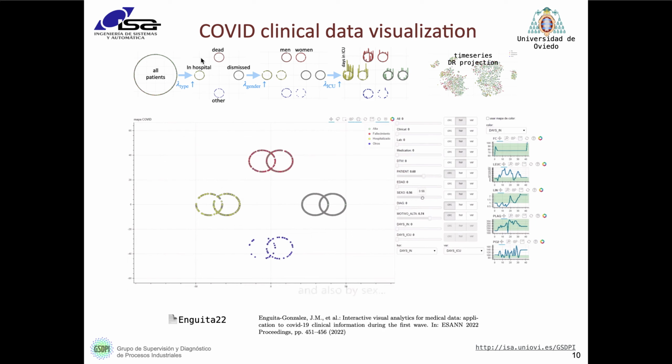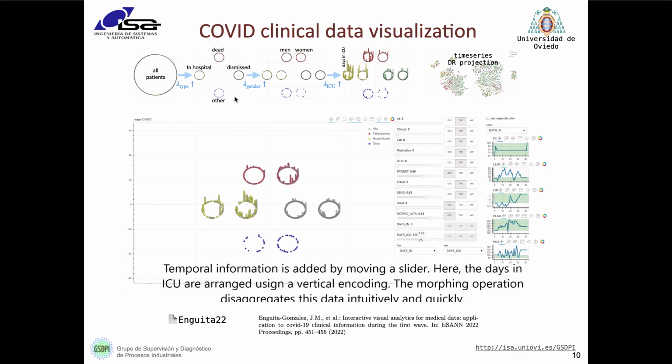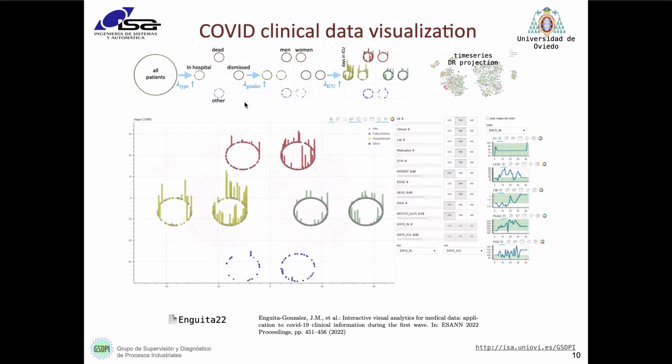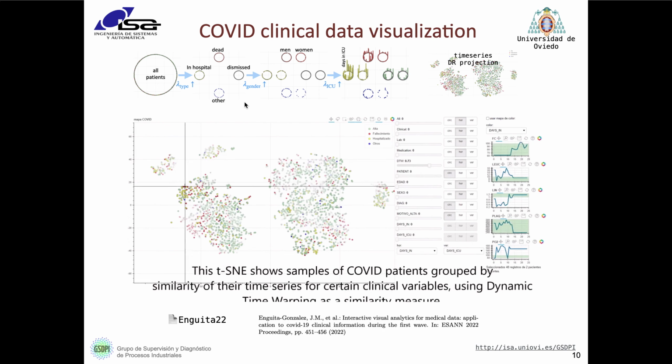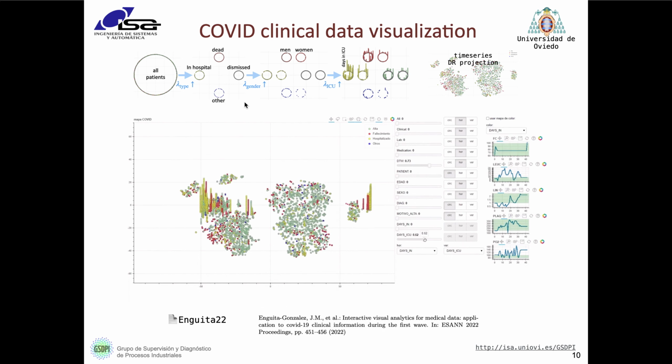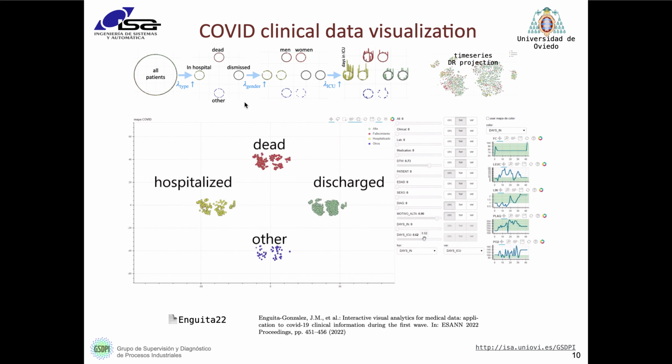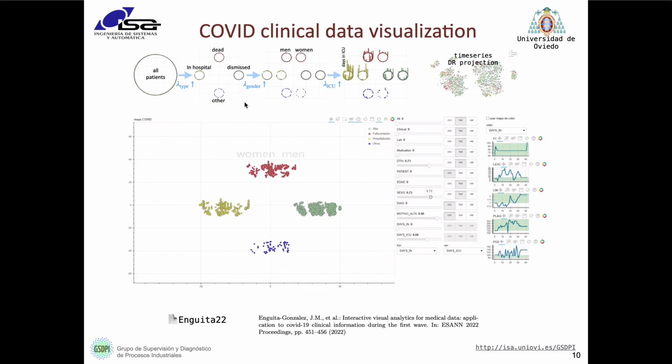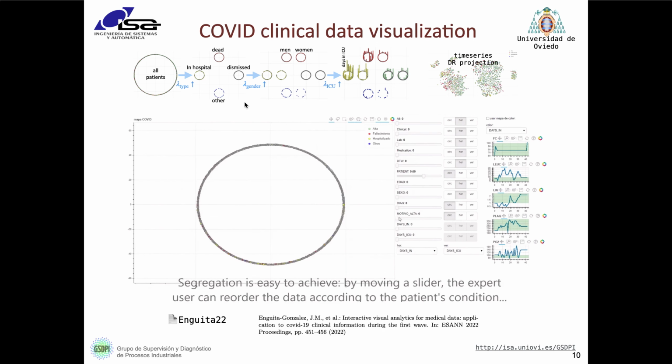In this example, we combine encodings of several clinical attributes, like the status, gender, drug administration, or days in ICU, with a spatial representation of patient evolution time series using dimensionality reduction. The results showed interesting insights, allowing also segregation of data by different criteria.